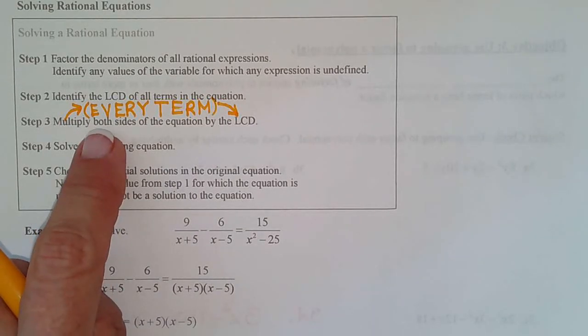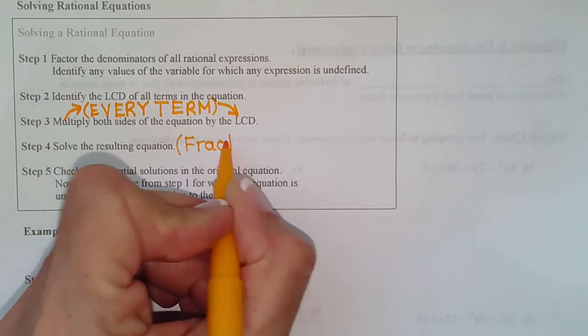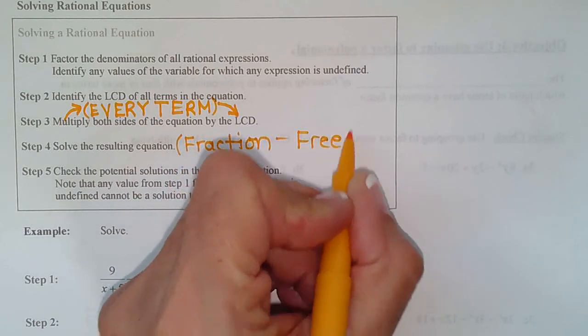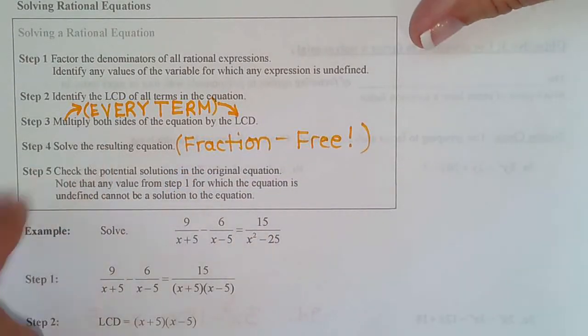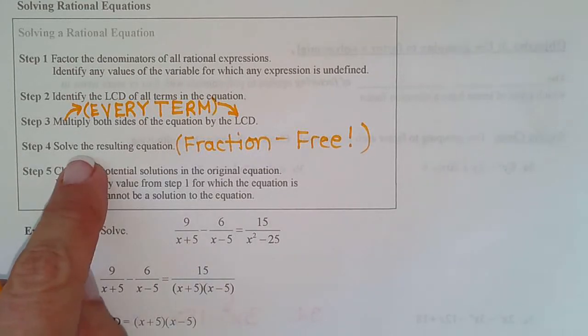Then our next step is going to be fraction free, and then we can solve. Because that's what happens when you multiply by the LCD. There's no fractions, so we solve that fraction-free equation.